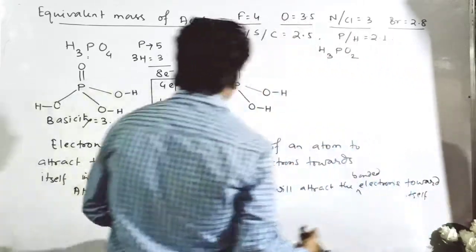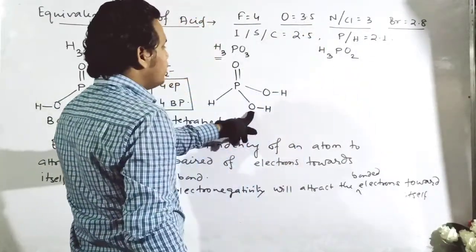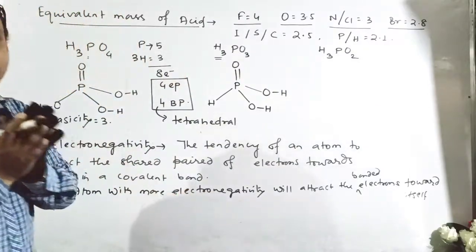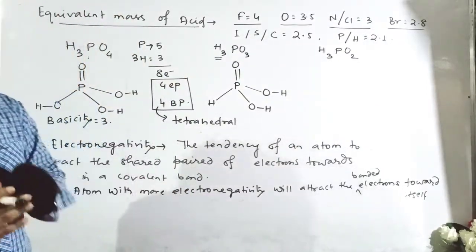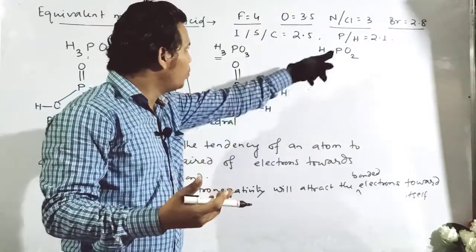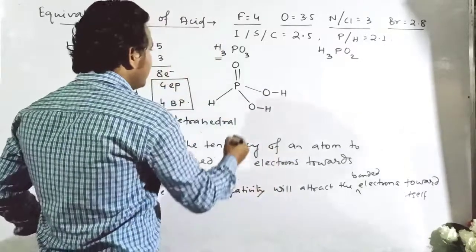Now see, oxygen, what is the electronegativity? 3.5. Hydrogen, what is the electronegativity? 2.1. There is a big difference in the electronegativity. Hydrogen 2.1, oxygen 3.5. So what will happen?